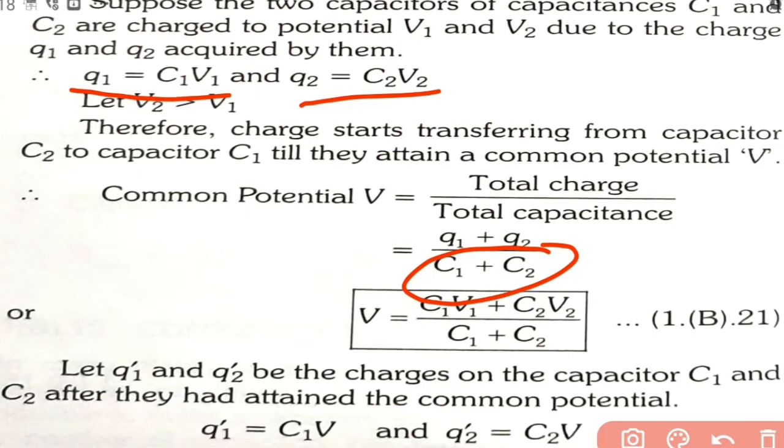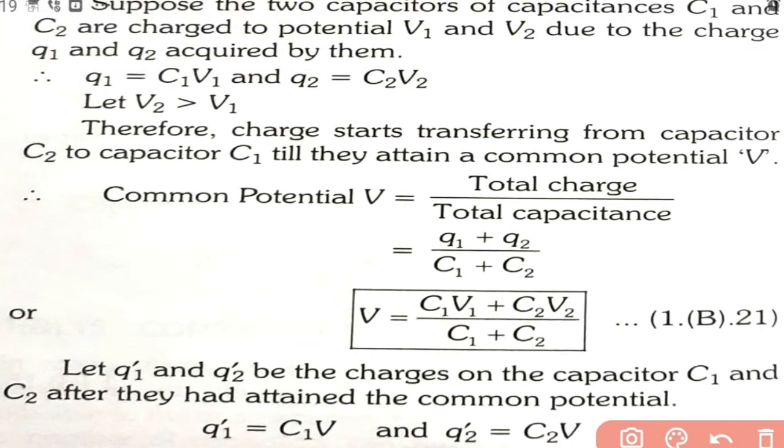So the total charge is Q1 plus Q2, that is C1 V1 plus C2 V2, and the total capacitance is C1 plus C2. So the common potential will be C1 V1 plus C2 V2 divided by C1 plus C2. This is the expression for common potential, and that is very important in solving problems.